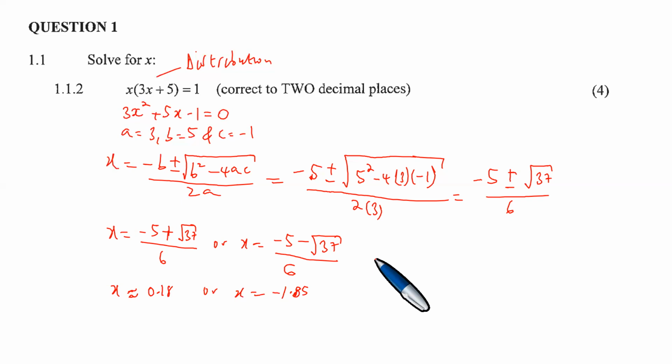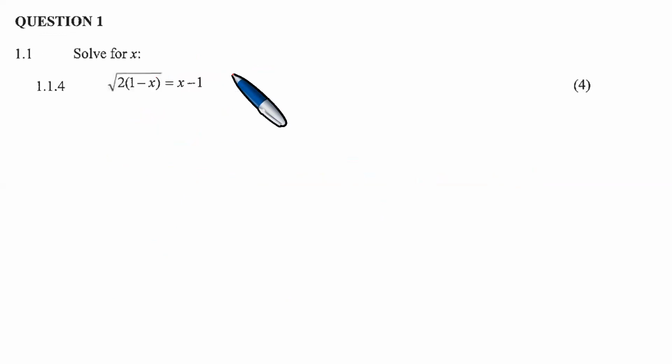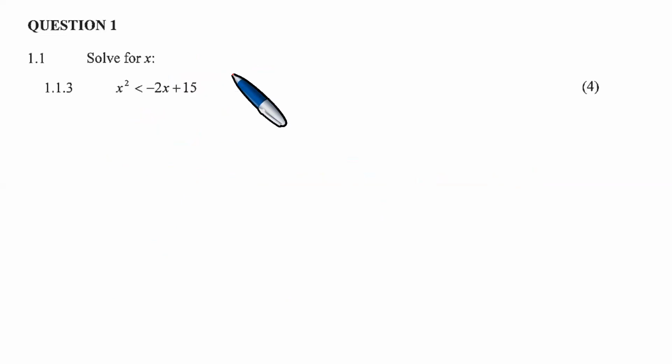We continue and we look at the next one, and the next one is exactly 1.1.3. We are looking at solving for x given a quadratic inequality. So this one here is a quadratic inequality.